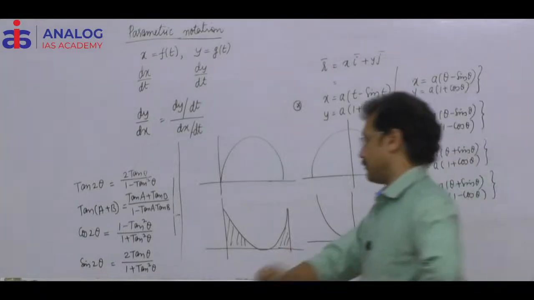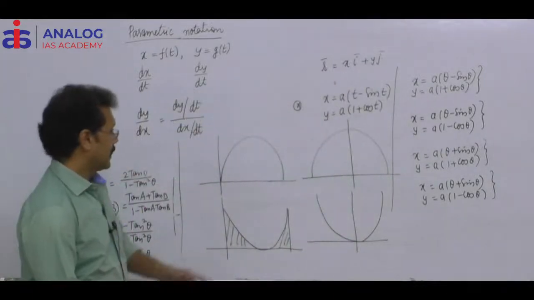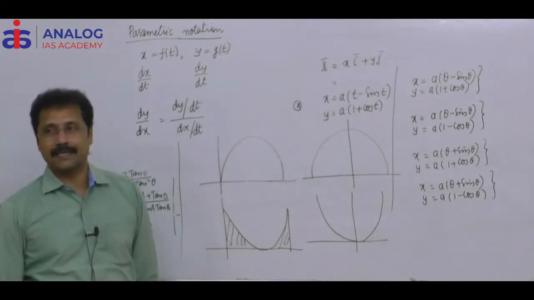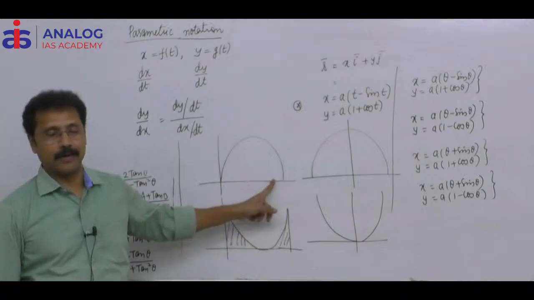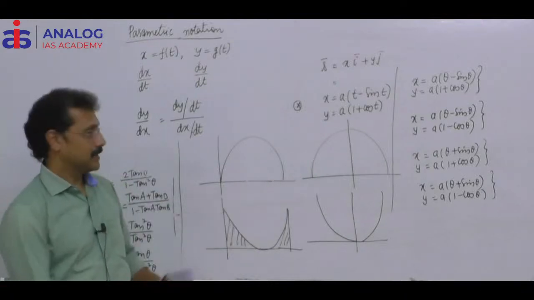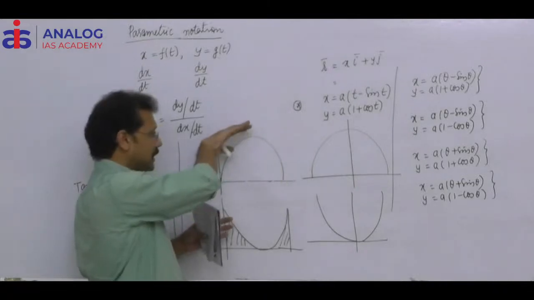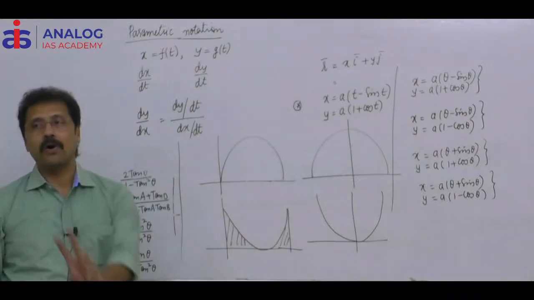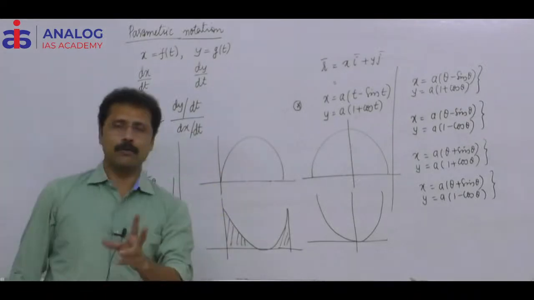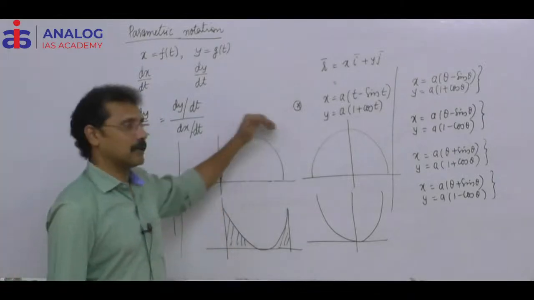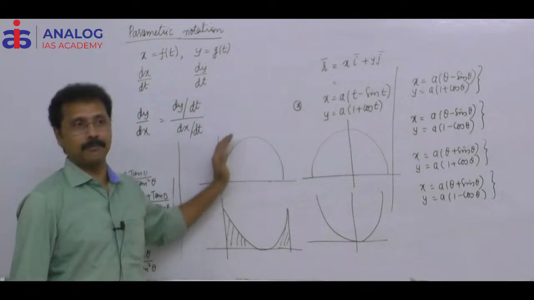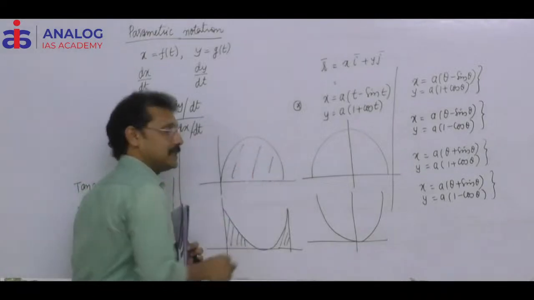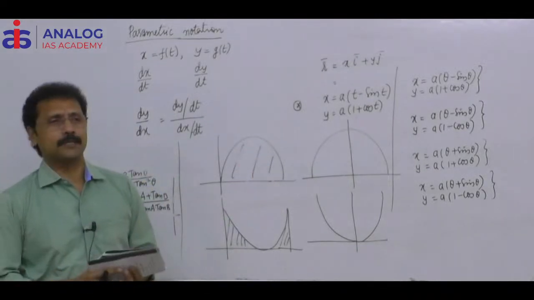Second variety of question. I will rotate this cycloid about x-axis. This is just one curve only. If I rotate this cycloid about x-axis, what happens? It sweeps an object. Or, I would rather say, the area included between one arch of the curve and x-axis, this area is rotated about x-axis for 360 degrees.